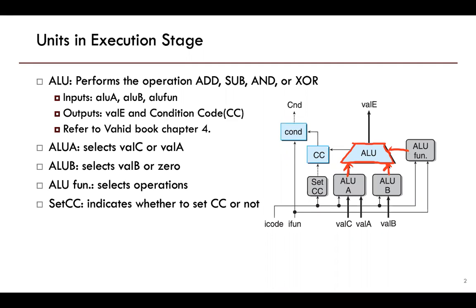Then it outputs one data, which is val E, the value from the execution unit, and one condition code, actually a 3-bit condition code, in this direction. You can refer to the Vahid book chapter 4 to implement the inside components: adder, subtractor, AND, and XOR units.